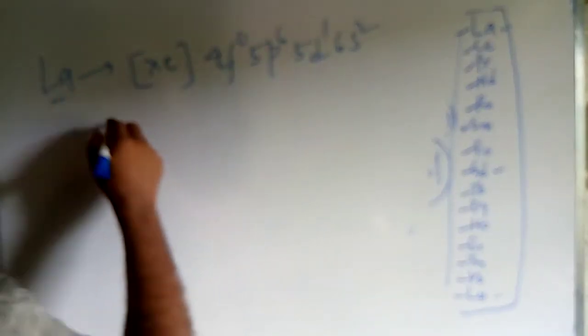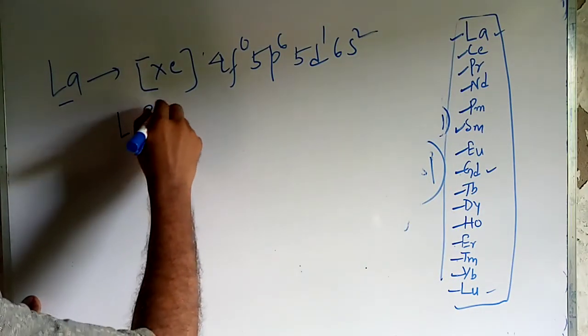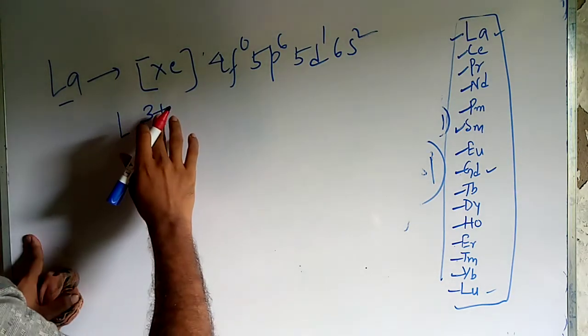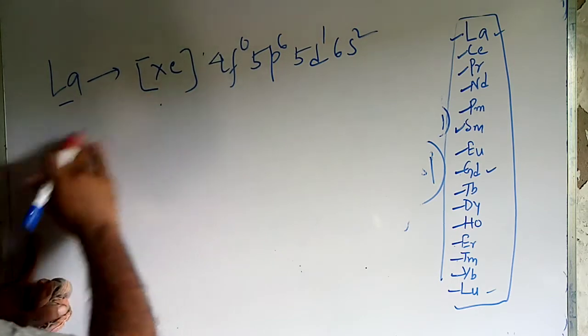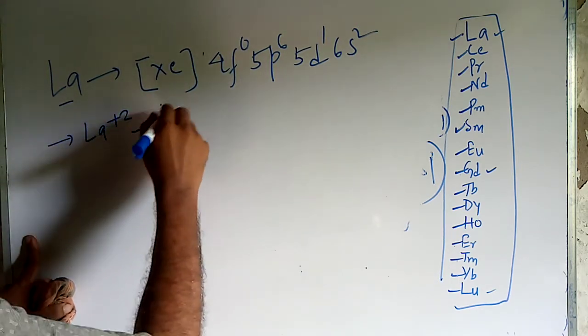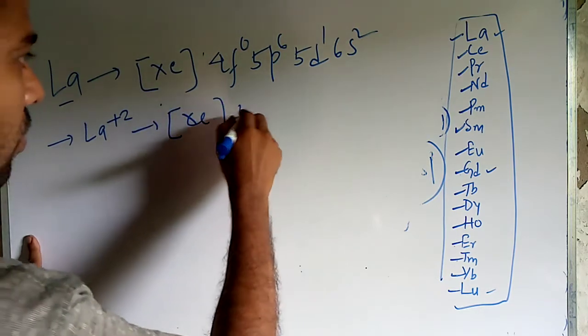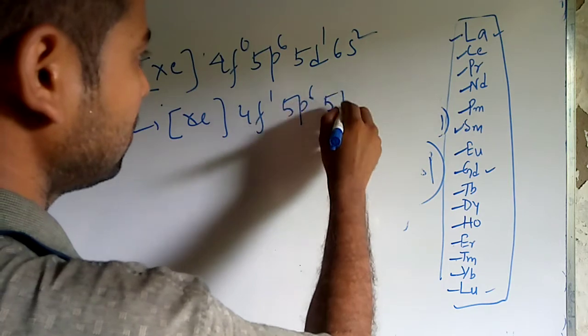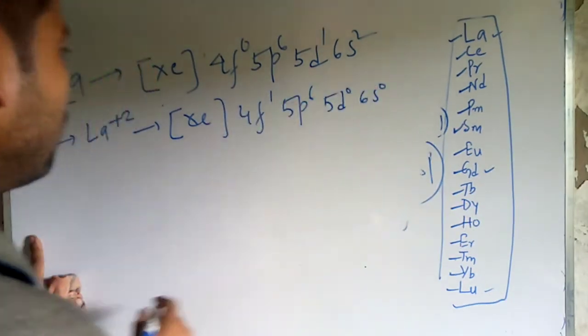If we consider lanthanum 2 plus, the electronic configuration will be xenon 4f1 5p6 5d0 6s0.